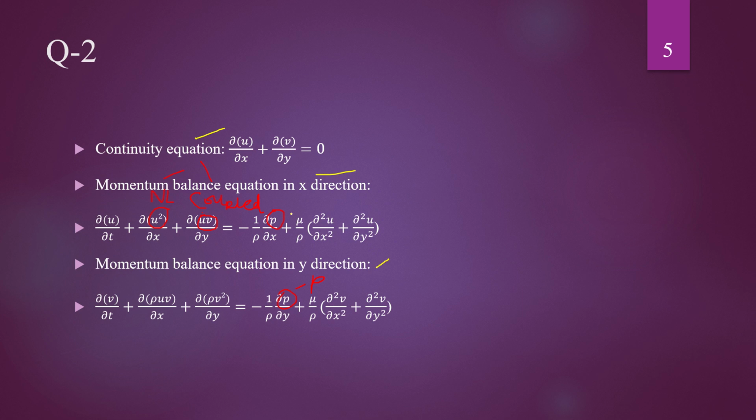So pressure needs to be solved. Pressure variation cannot be neglected because this term needs to be solved, whereas since density is remaining constant, here we have neglected the density.